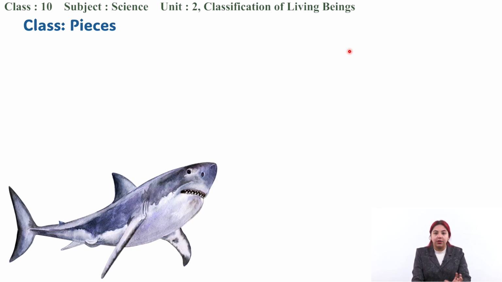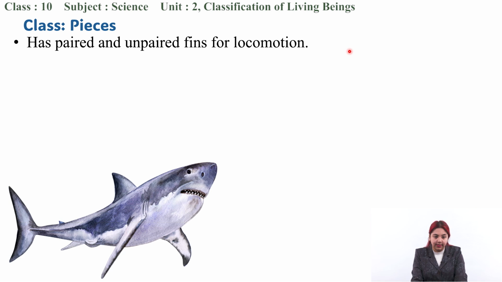Now, let us study some more characteristics. They have paired and unpaired fins for locomotion. You can see here, this is a shark, and the shark has paired and unpaired fins. You can see this first dorsal fin is unpaired, and this is the second dorsal fin, it is also unpaired. This is the caudal fin or the tail fin, it is also unpaired.